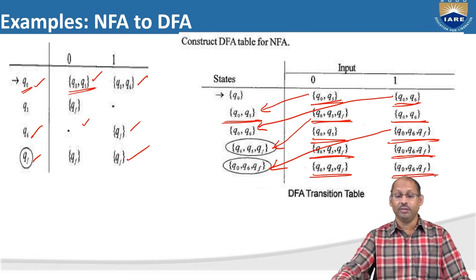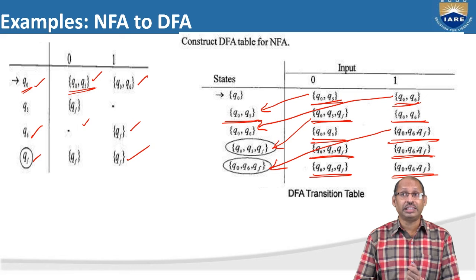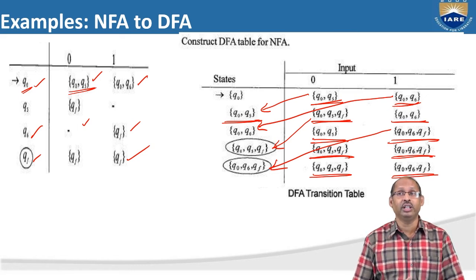So here in the 16 states, only 5 states are connected with the initial state: Q0 state, Q0 Q5, Q0 Q6, Q0 Q5 QF, Q0 Q6 QF. So we consider these 5 states' transitions on 0 and 1 in the conversion of NFA to DFA.